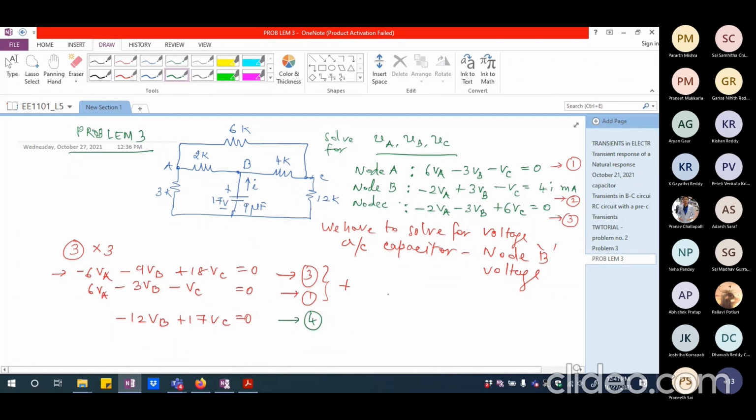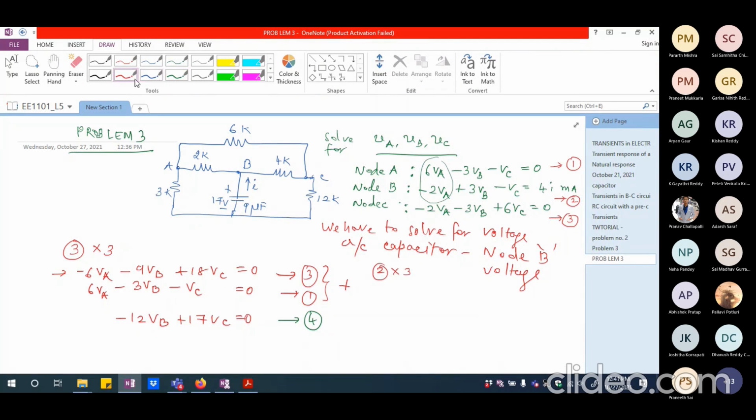The next one I'm going to do is again equation number 2 and equation number 1. If I want to eliminate VA, I should be able to do that. So let me first multiply equation number 2 also with 3.